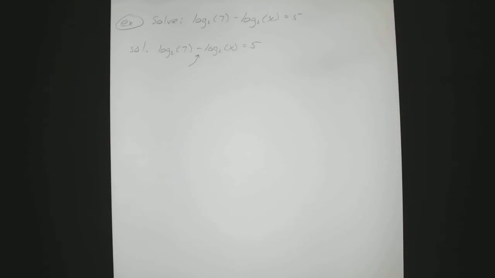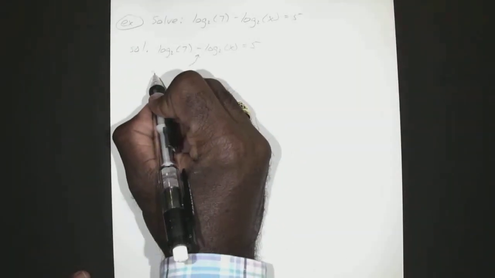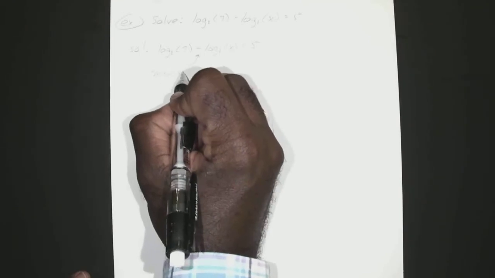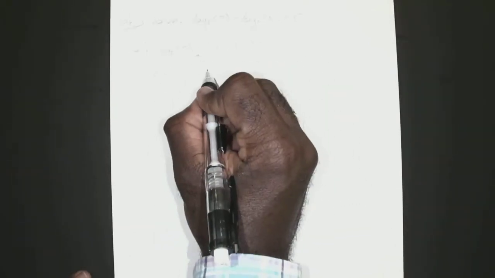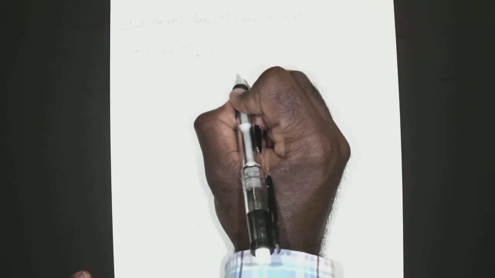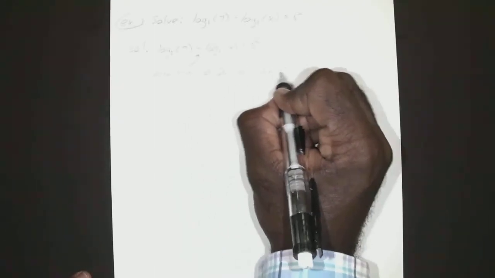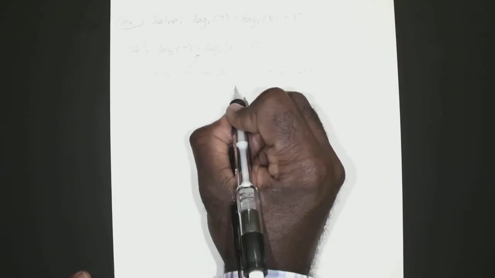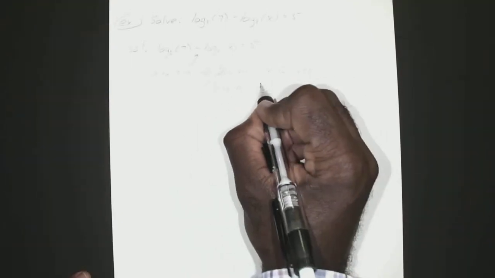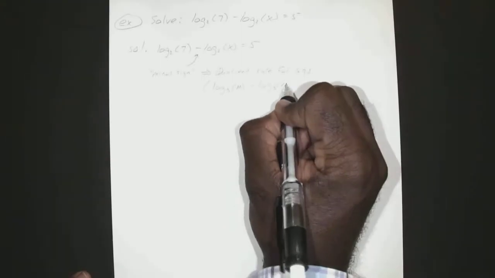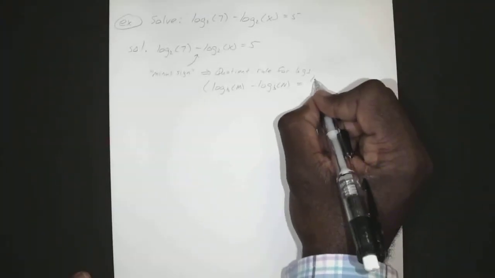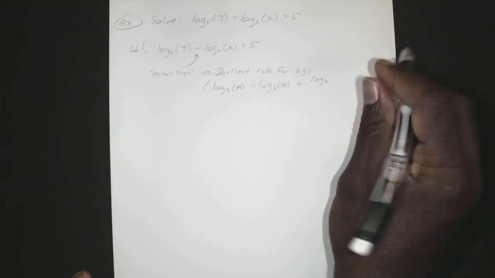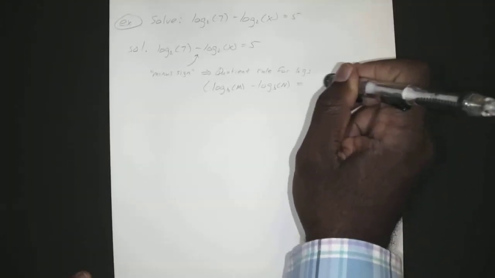Whenever you see that minus sign, you know automatically you're going to use the quotient rule for logs, which is: if you have log base b of m minus log base b of n, then that's going to equal log base b of m divided by n.